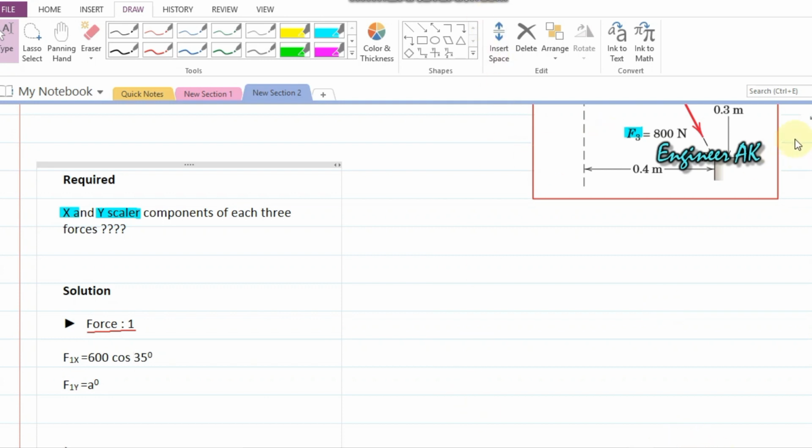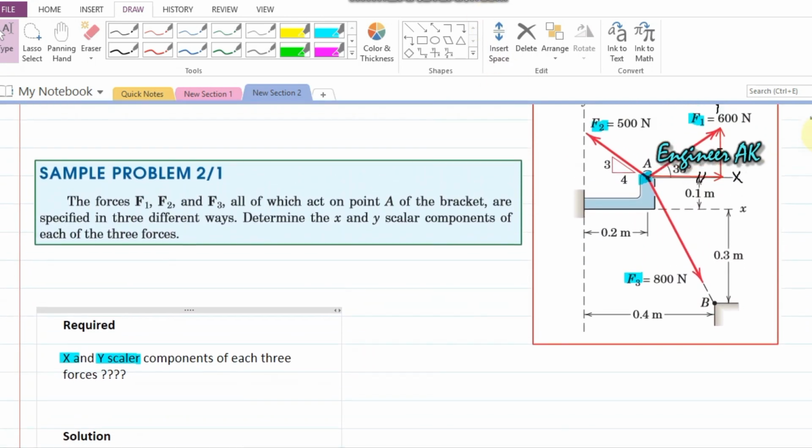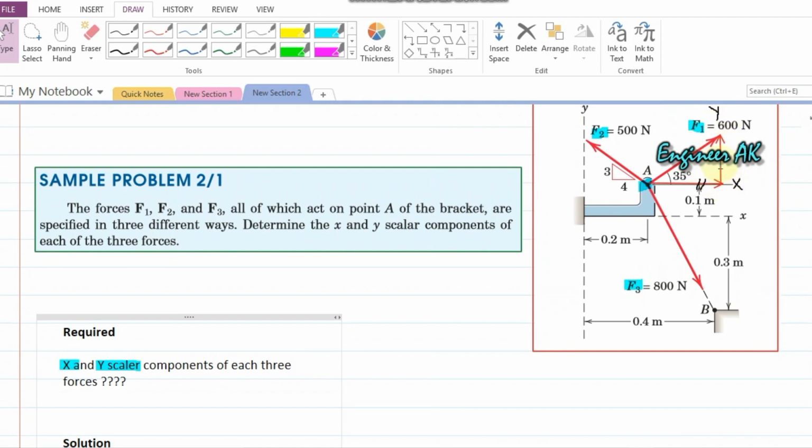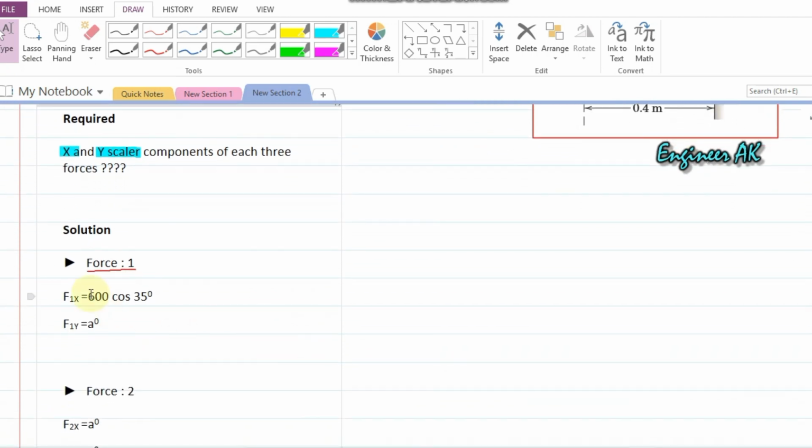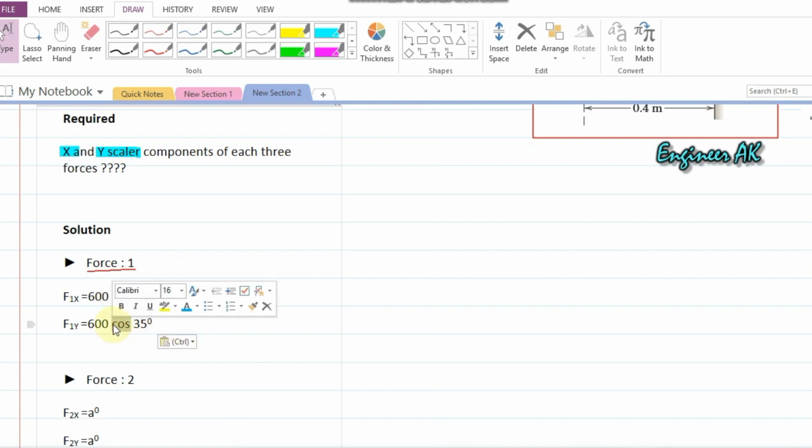And if I want to find this other component, it will be 600 sine of 35. Let me copy it and paste it here, and this will be the sine component. Here I have mentioned that this will be the y component: F1 of x, and this is F1 of y.